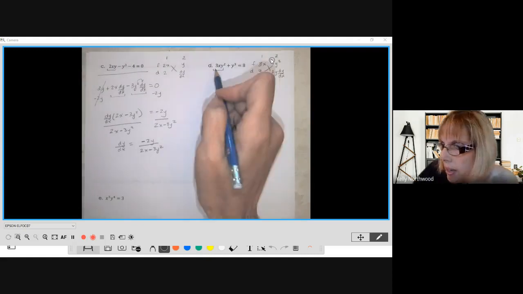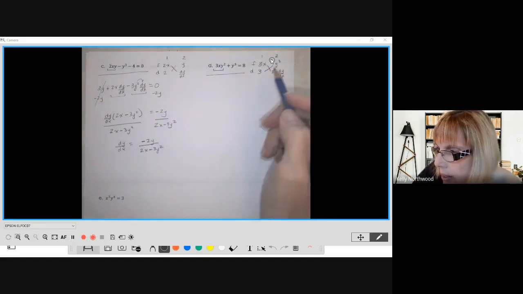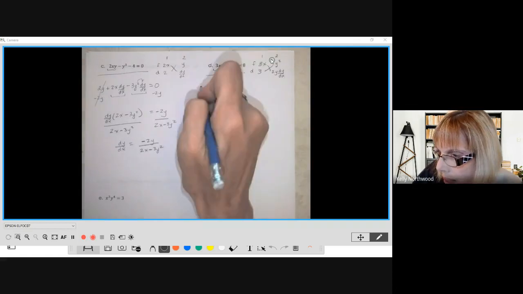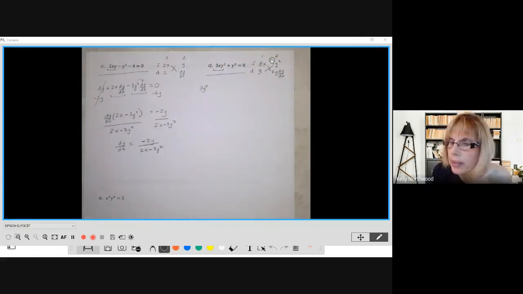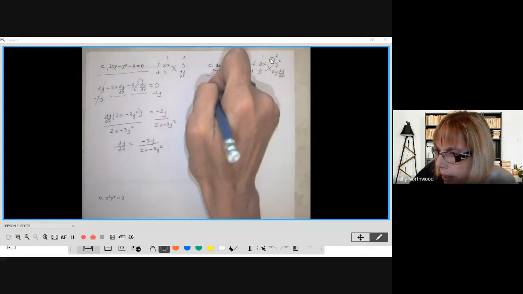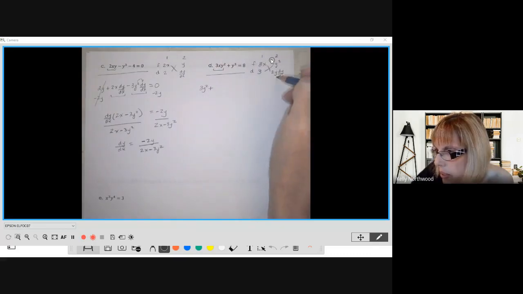So just to derive this part, it's going to be derivative of the first times the second, which is 3y squared, plus the first times the derivative of the second. So 3x times 2y times dy by dx.